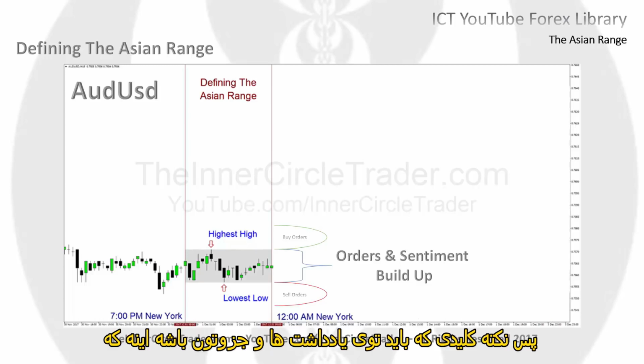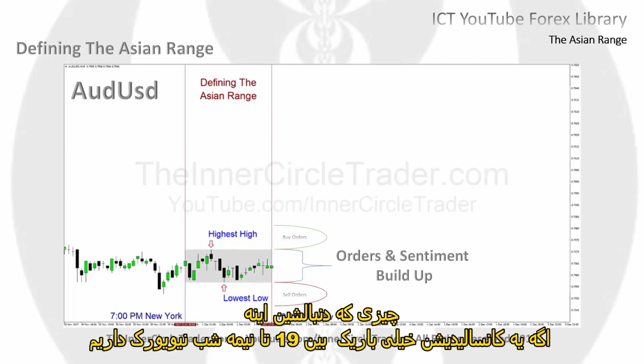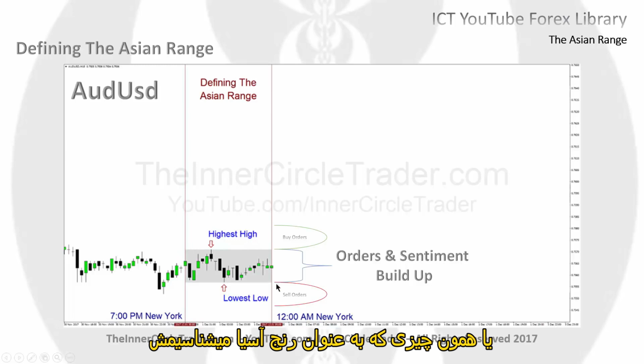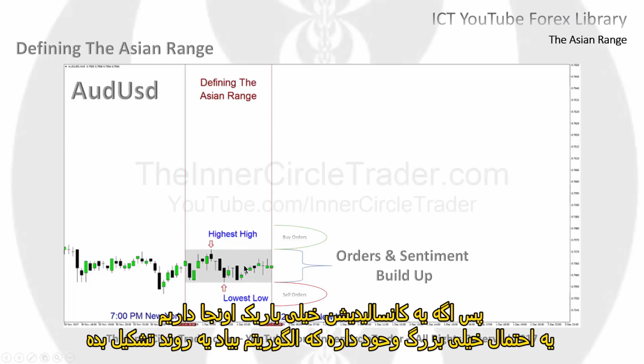So the key is, and this is the takeaway so far, and this is what should be written in your notes right now: what you're looking for, what sets up the opportunity, if you will, for the particular trading day, is if we have a very narrow consolidated range between 7 p.m. and midnight, or what would be deemed as the Asian range. If we have a very narrow consolidation there, that sets up a huge possibility of the algorithm going into a trending model.